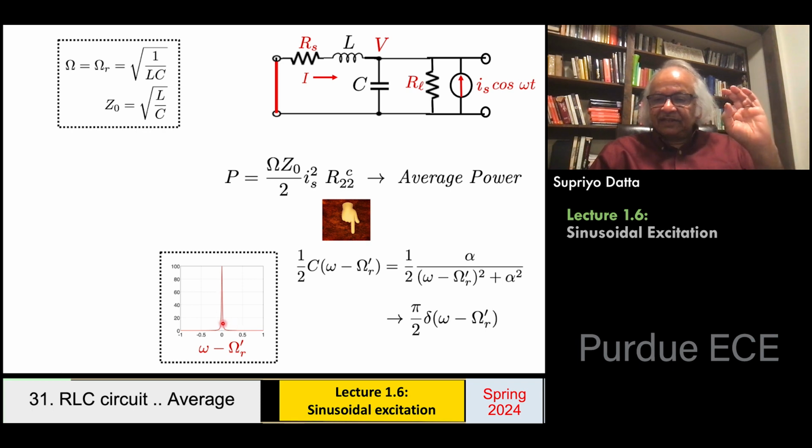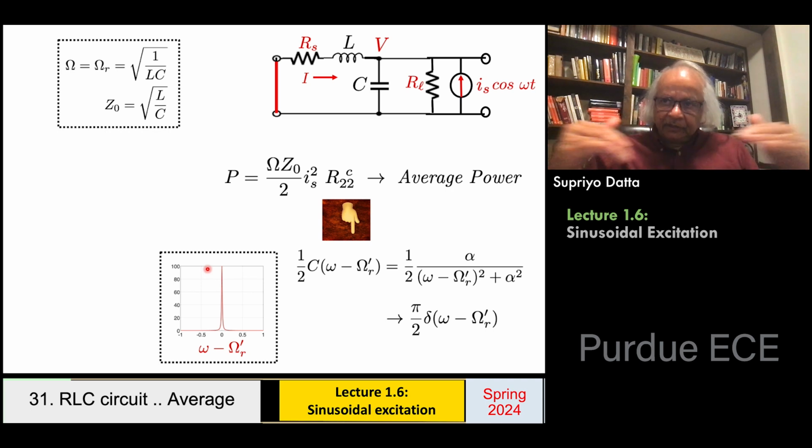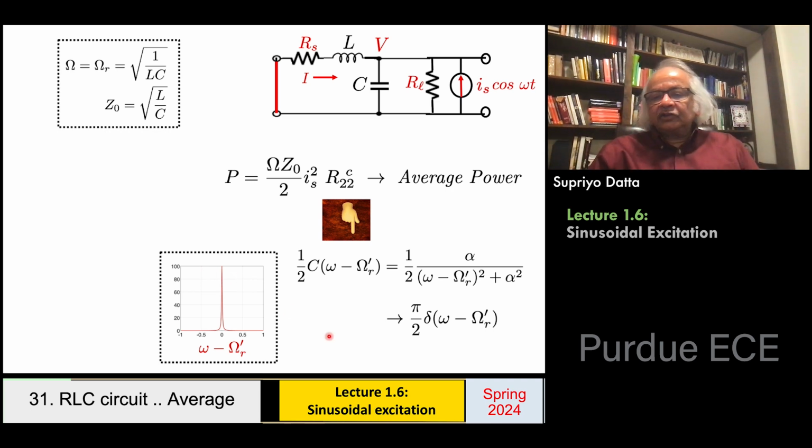So the area stays the same with alpha, but as you reduce alpha, it just gets taller and thinner. Whereas if you make alpha bigger, it gets shorter but broadens out. So you often write this as a delta function.